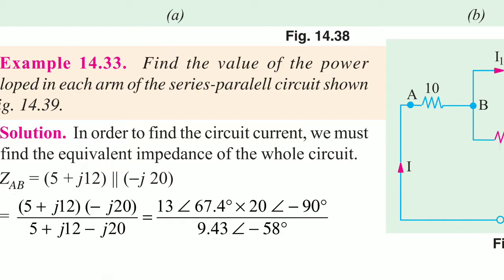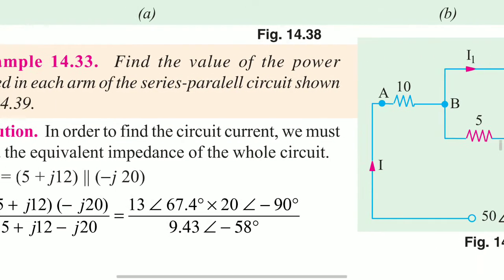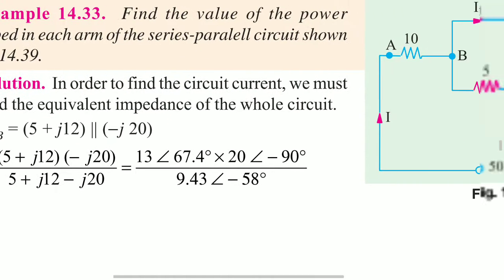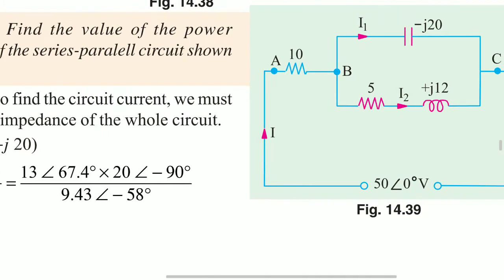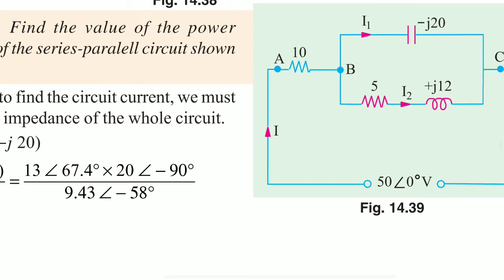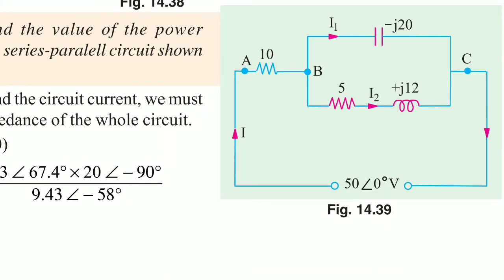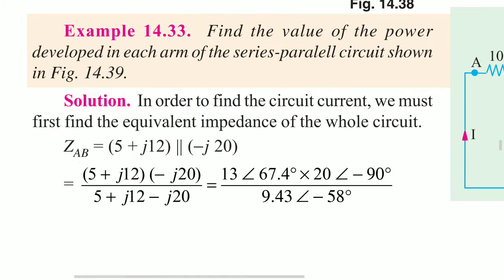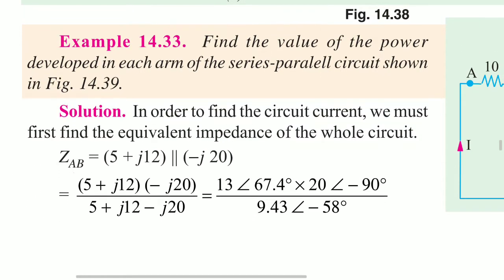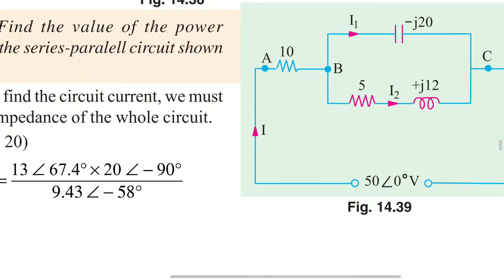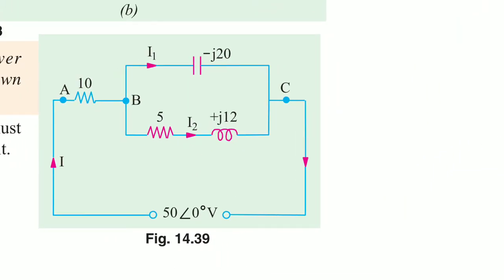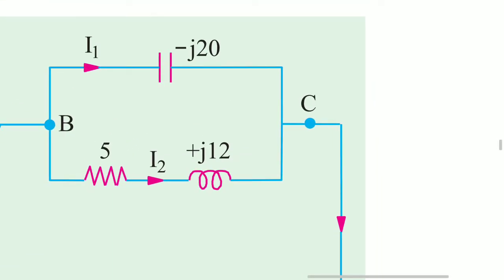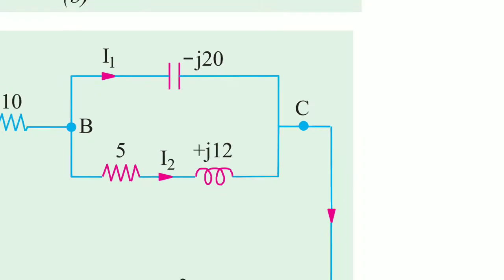The notation is given the wrong way; they have to write ZBC, not ZAB. ZBC: 5 plus j12 and minus j20 are in parallel.